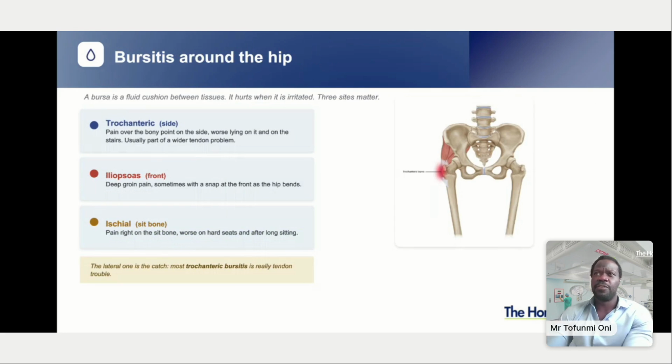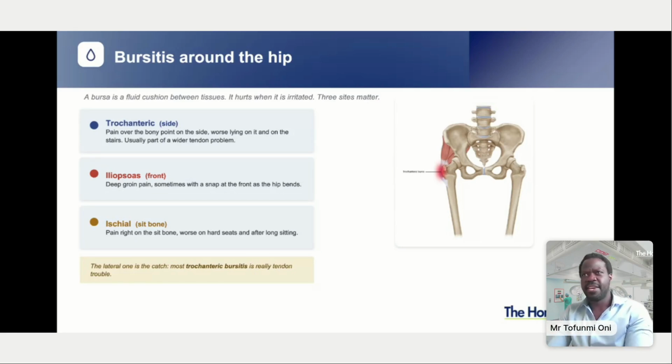The next pathology I wanted to talk about was bursitis. Now, a bursa is an extra layer of tissue and fluid that cushions any hard surfaces of bone that are particularly close to articulating areas or close to the outside.